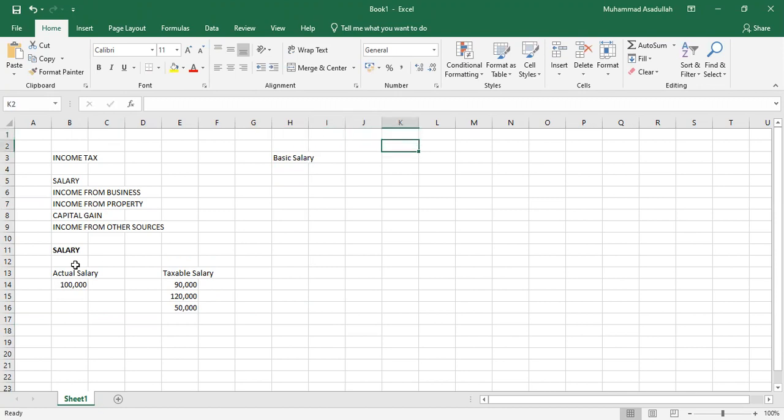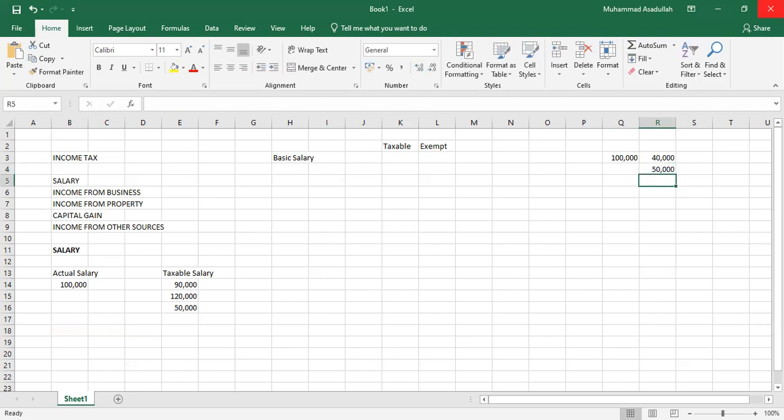Basic salary is taxable. A second column is exempt. Let's suppose you have a total salary of rupees 1 lakh. It is possible that 40,000 out of 1 lakh is your basic salary, or 50,000 from 1 lakh is your basic salary.